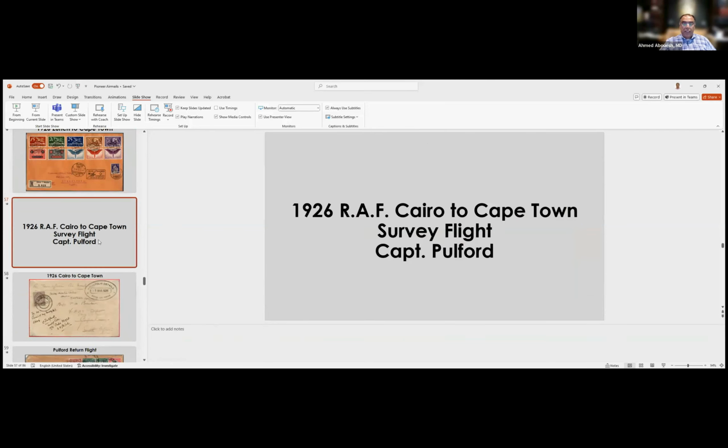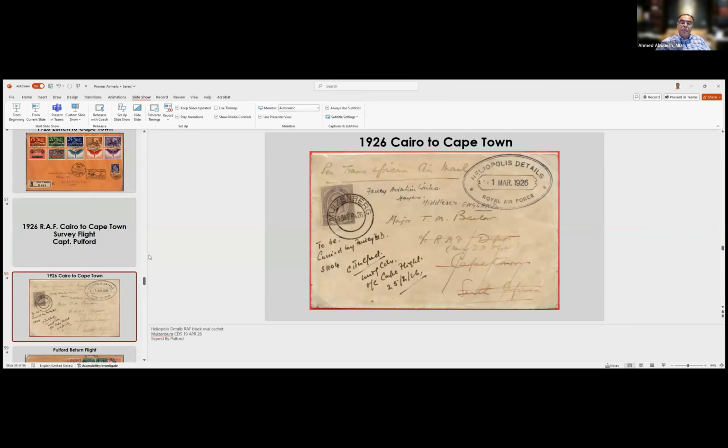In 1926, which was a fairly busy year, the RAF, the Royal Air Force, flew from Cairo down to Cape Town in another survey flight, Captain Pulford. And this is sent from Muizenberg, South Africa.